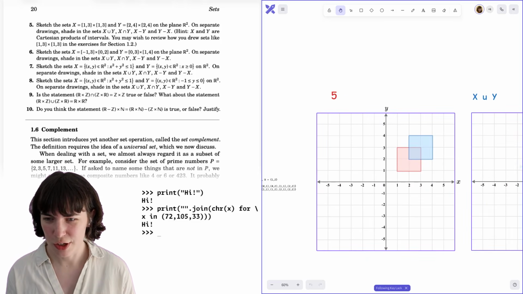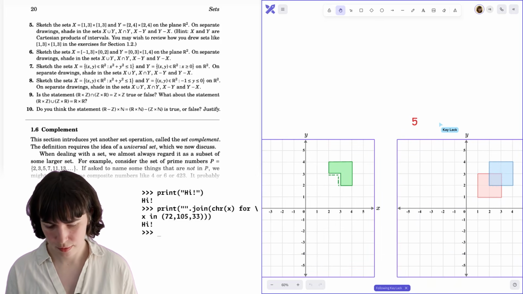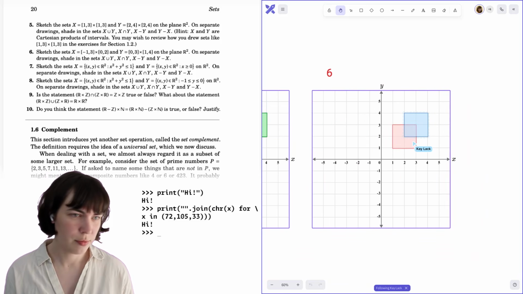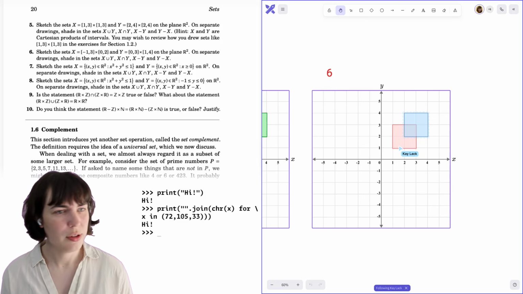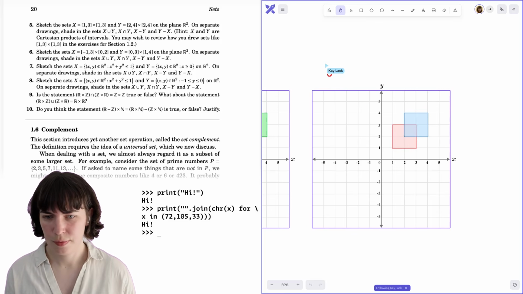Let's look at the shape and see if the shape is exciting. Okay, so x, which is this, let's call this x. And let's label this y as well. Let's make those kind of bigger.